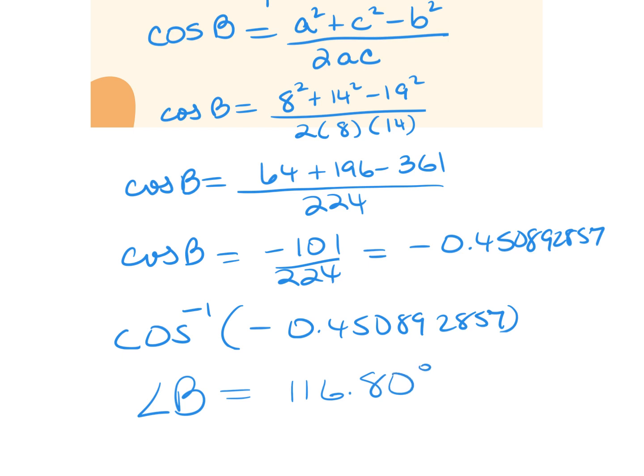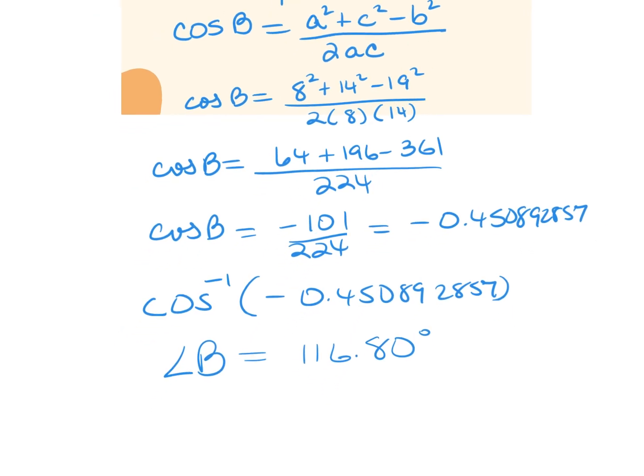Now that we found the first angle, the largest angle, next we're going to find the next angle, and we're going to use law of sines. You could technically use another law of cosines, but the law of sines is a lot easier. So I'm going to go ahead now.